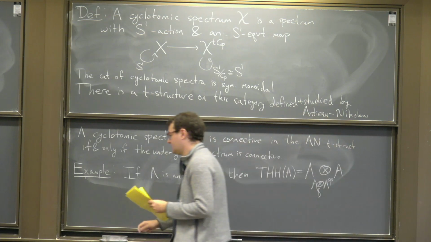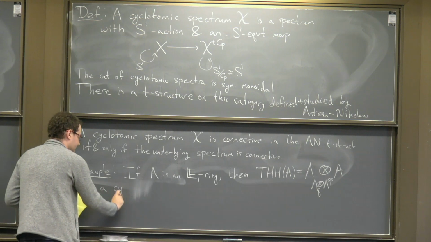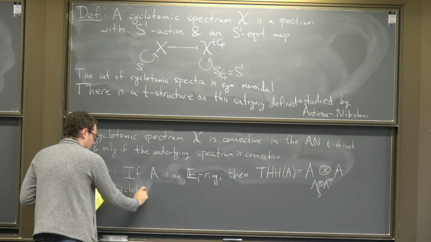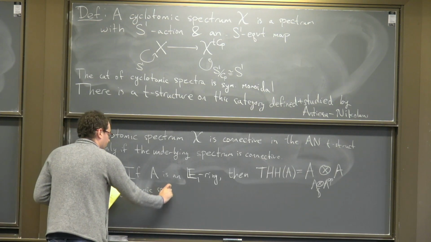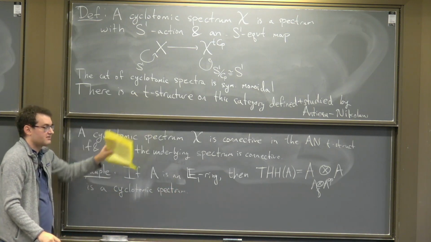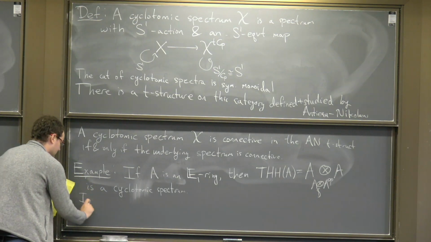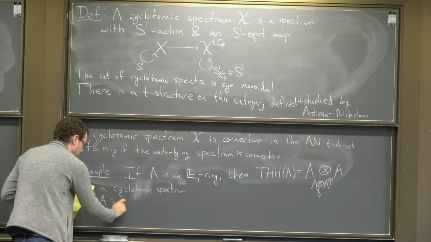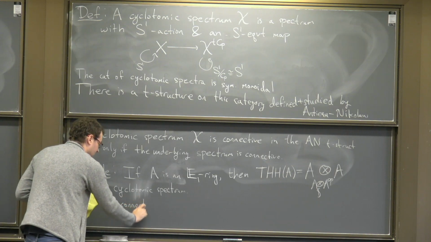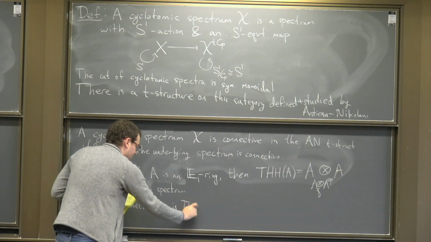This turns out to be a cyclotomic spectrum. So it admits a circle action, it admits an S^1-equivariant Frobenius map, and furthermore, if A is connective, so is THH of A.